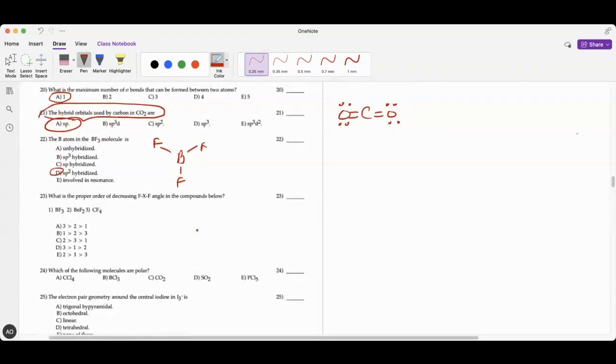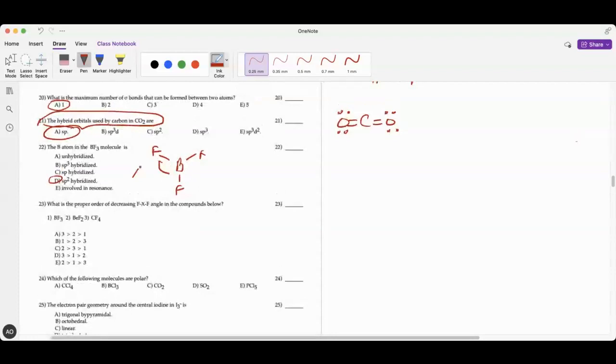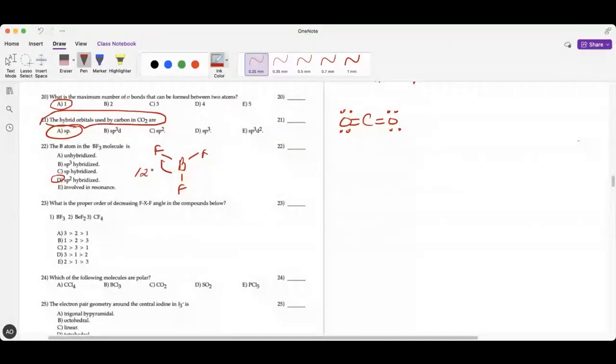What is the proper order of decreasing bond angles in the compounds below? We already have our BF3, and these bond angles are 120 degrees. And then we have the beryllium fluoride.